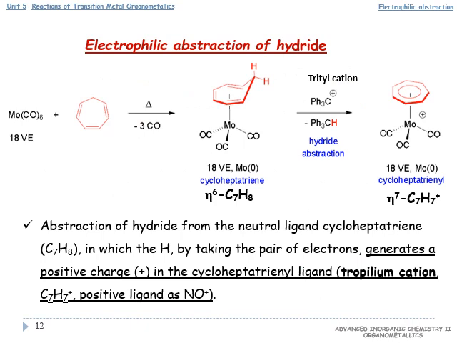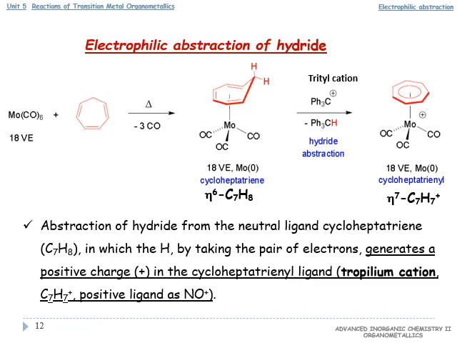Another example is the electrophilic abstraction of hydride from the neutral ligand cycloheptatriene, in which a positive charge is generated by taking the hydride, that is, by taking the hydrogen together with the pair of electrons.